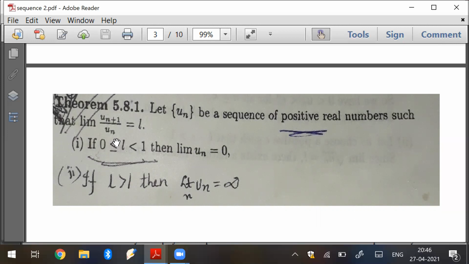Okay. So some information is provided about this new sequence. What we say is the new sequence which we are getting from the original sequence by taking the ratio of consecutive terms, suppose the limit of that sequence I am taking to be L. Okay. So that sequence is convergent. I am taking it to be convergent, having the real number L as the limit.